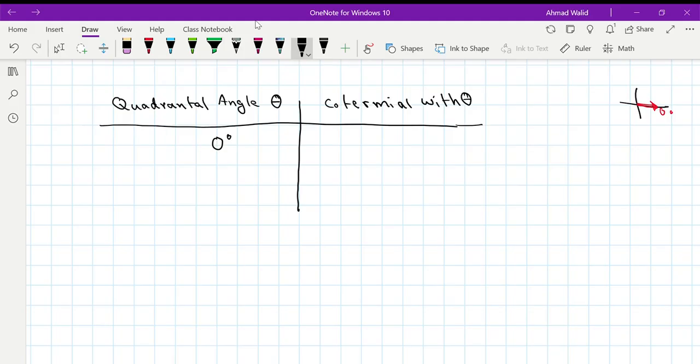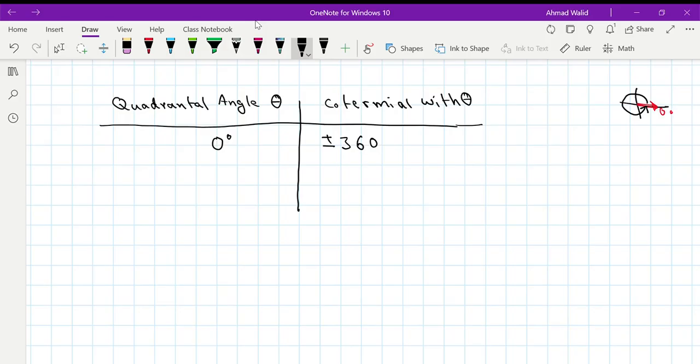If you do a full round, then 360 can be coterminal to quadrantal angle 0. If you go negative, negative 360 also can be a coterminal angle with 0.